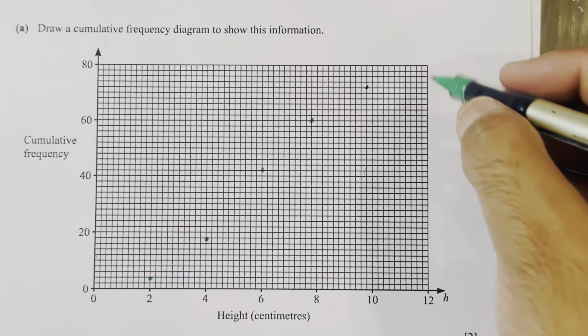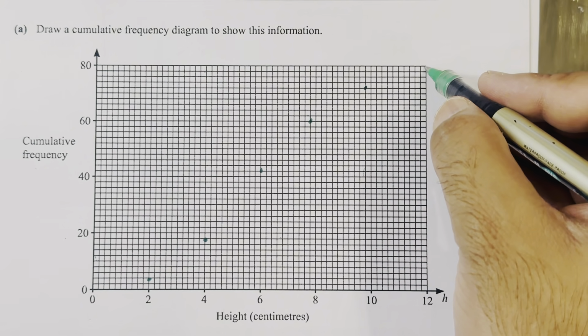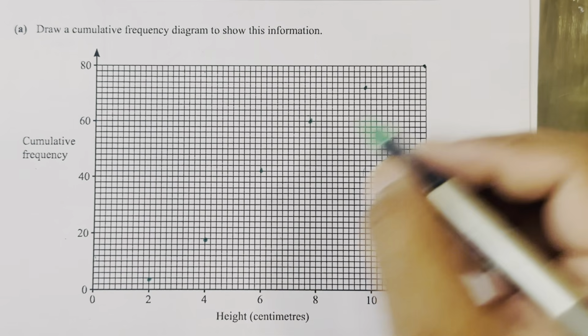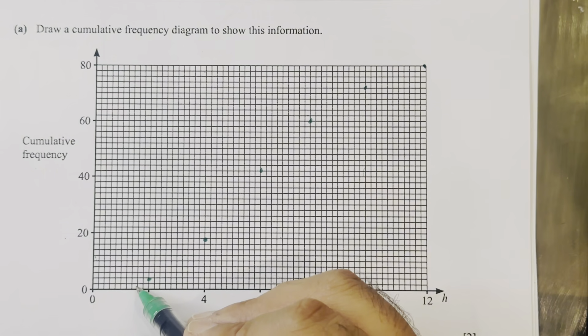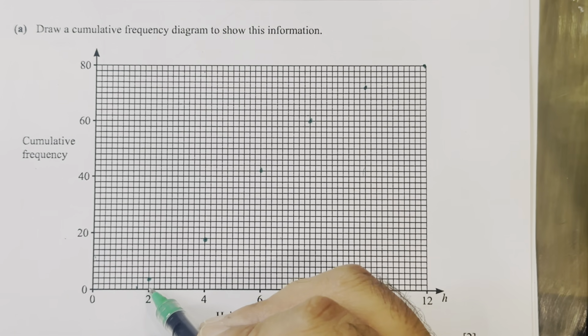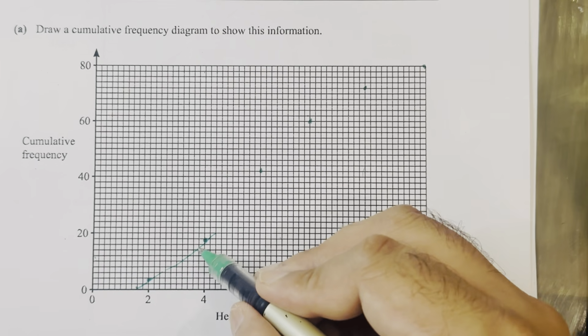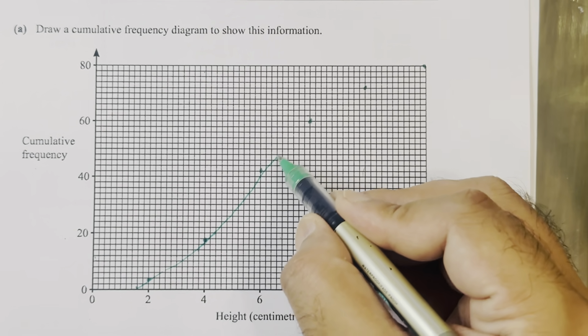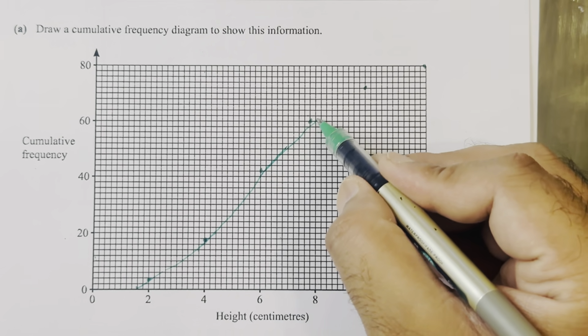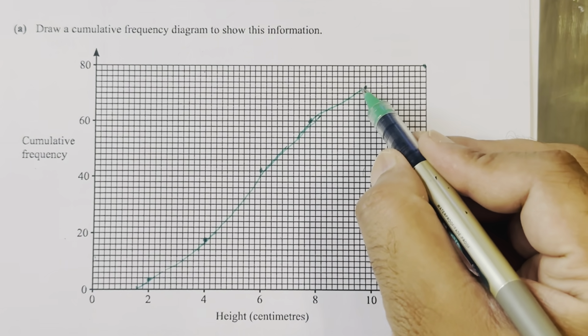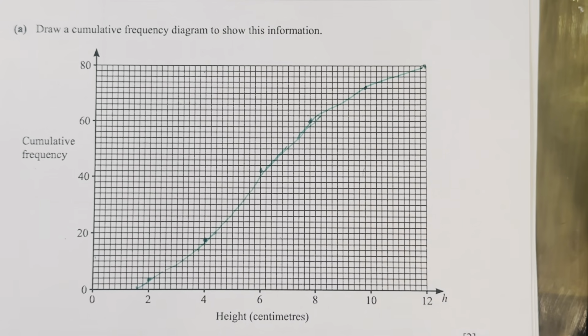When the value is 12, the answer is 80. So we're going to draw it. You're going to use a lead pencil before drawing with the pen.